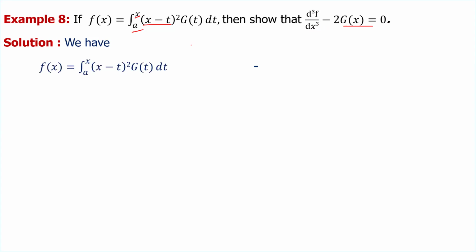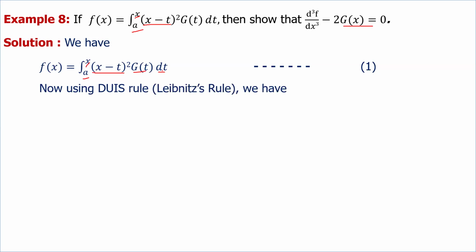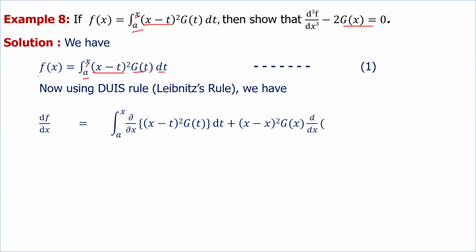So we have given f(x) equal to the integral under the limit a to x of (x minus t) whole square g(t) with respect to t. Now, using DUIS rule or Leibniz rule, first we have to take the derivative of f with respect to x.